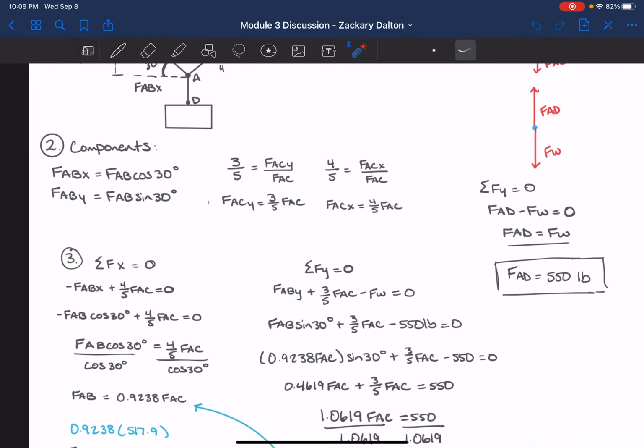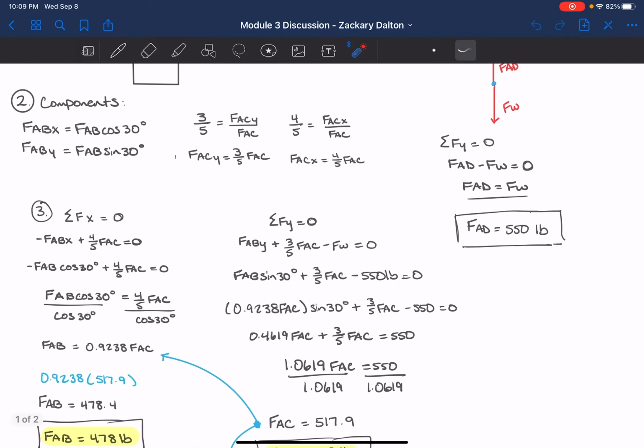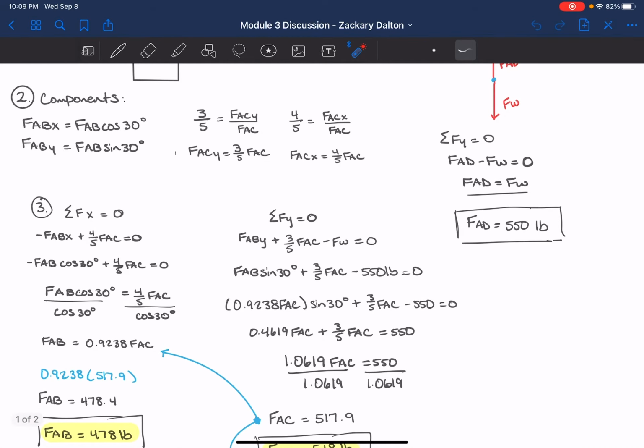And so we can change this value here to what it is up here, which is FAB cosine 30. And once we plug it in here, it's basically simple algebra. You bring this to the other side, or however you want to arrange it, to where you will divide cosine 30 degrees over, and you should end up getting your FAB as 0.9238 FAC.